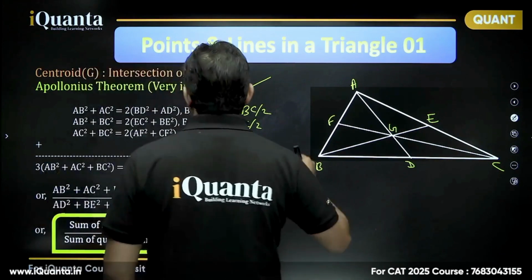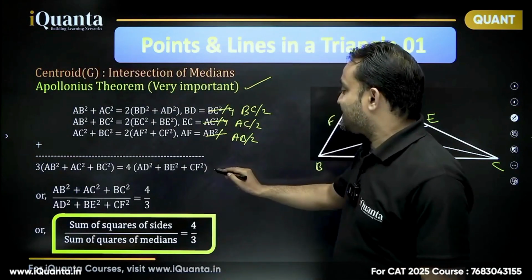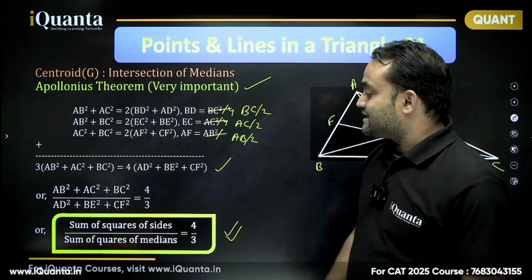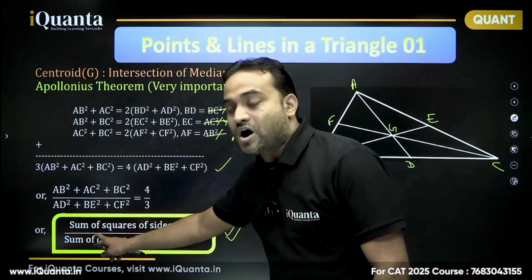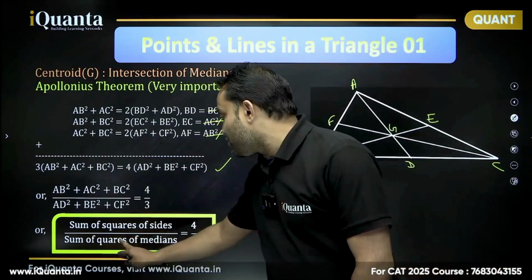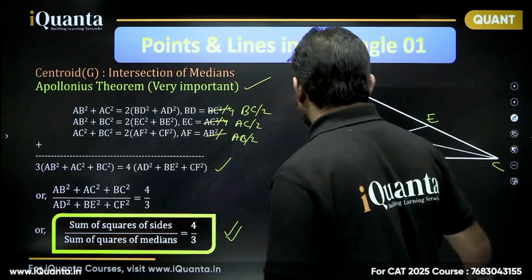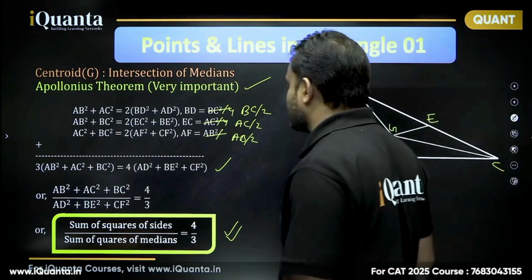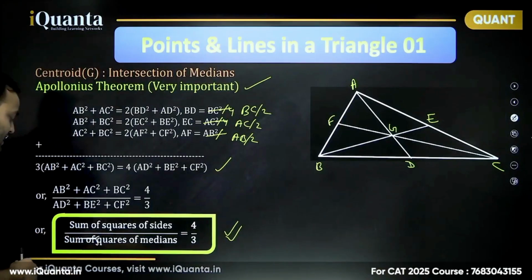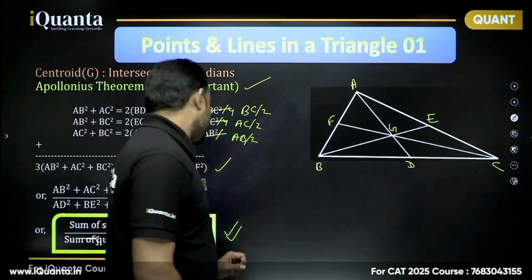Now if you use these values here, we get this relation, and ultimately we get this very important relation where it says sum of squares of all the 3 sides divided by sum of squares of the medians is equal to 4/3. Okay, the 'S' had gone missing from here, so I have put it in again.